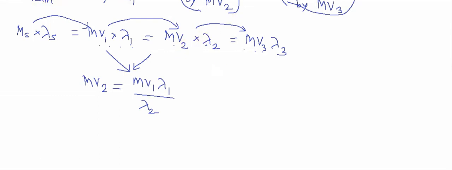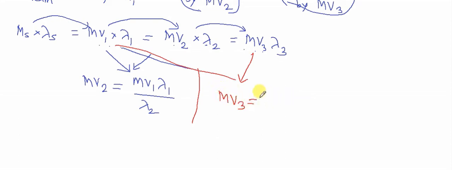Okay, then now you consider this equation and this equation. From this what you will get? You will get mV3 equal to mV1 lambda 1 divided by lambda 3. Okay, so this is one important equation you get here.